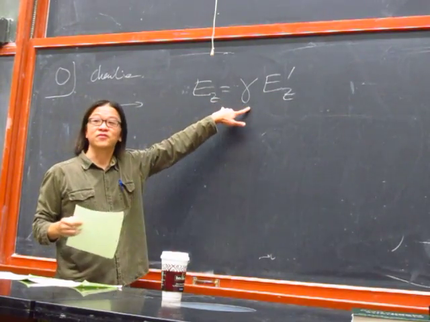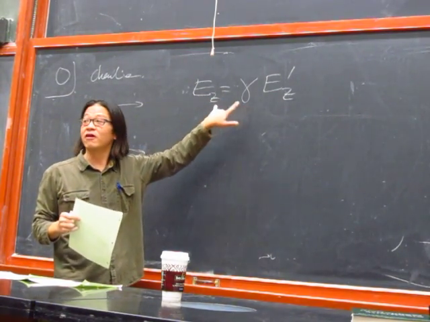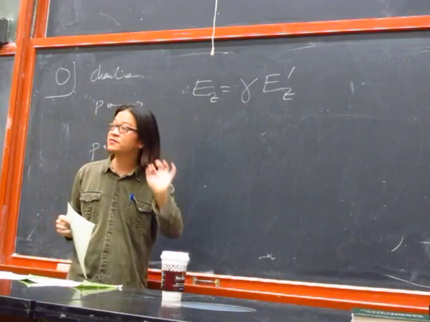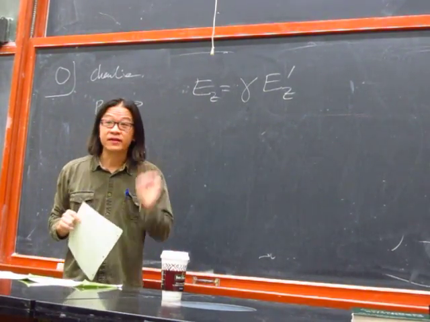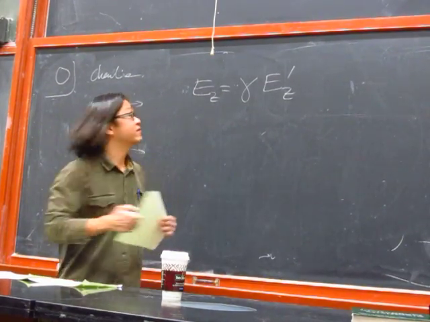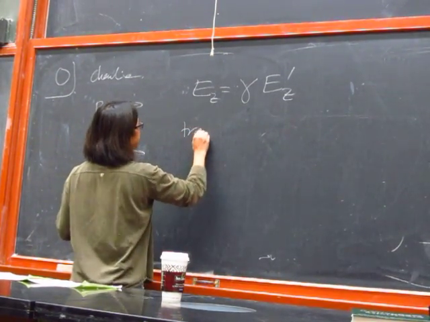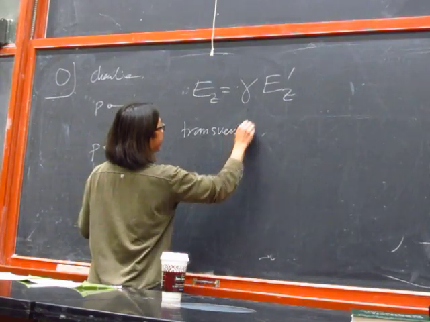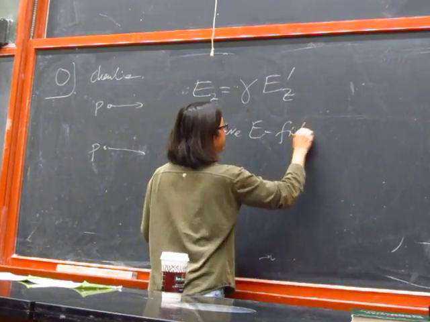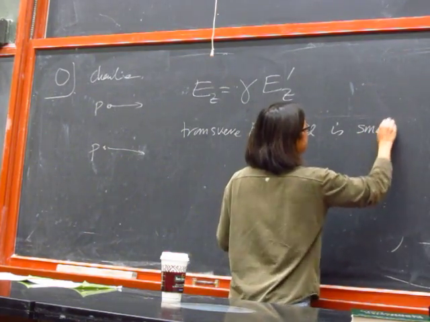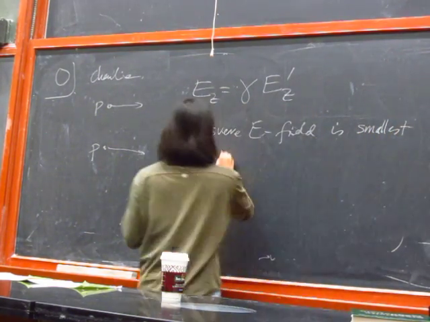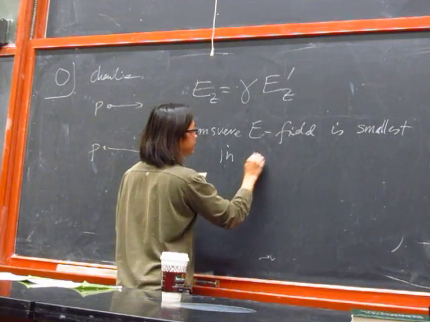Again, you see the notation is flipped. Be careful. Always remember, the transverse electric field is smallest in the rest frame of the particle.